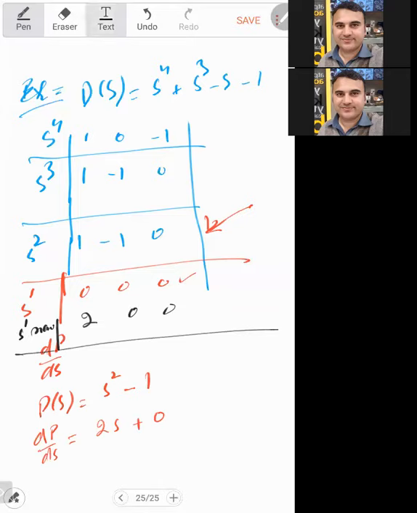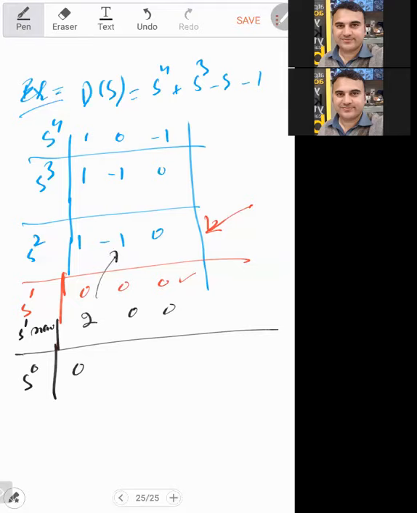Similarly, if we go to the s^0 row, 2 multiplied by minus 1 is equal to minus 2, divided by 2, so you get minus 1, and then we have 0 0.